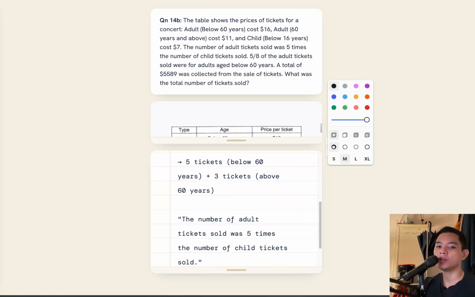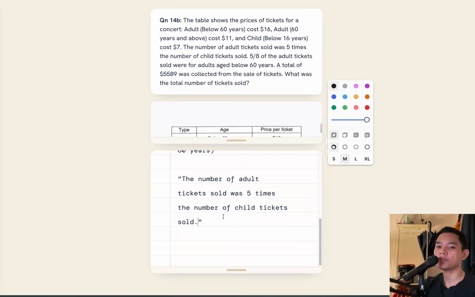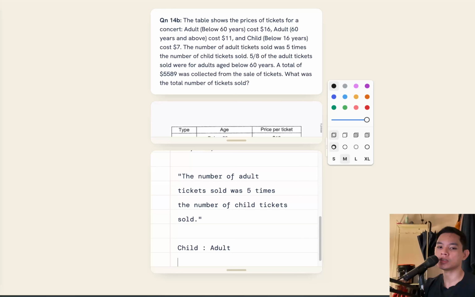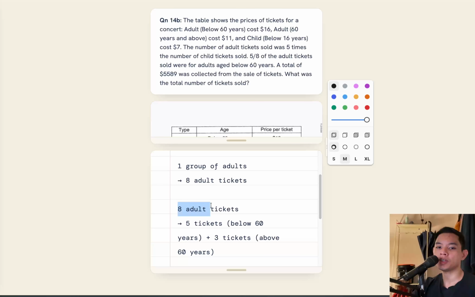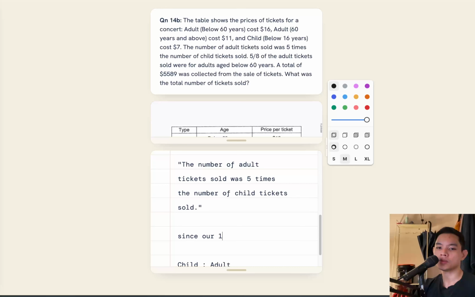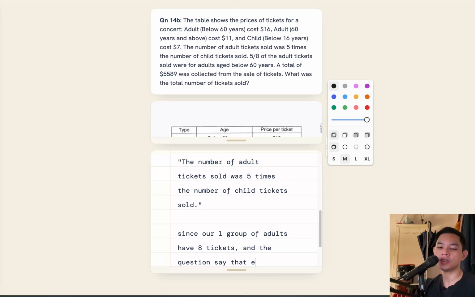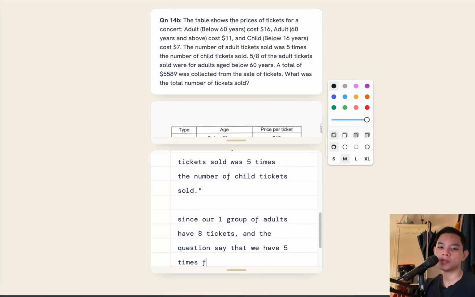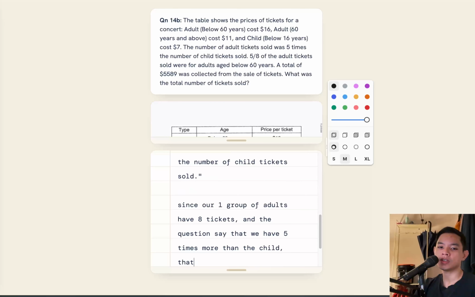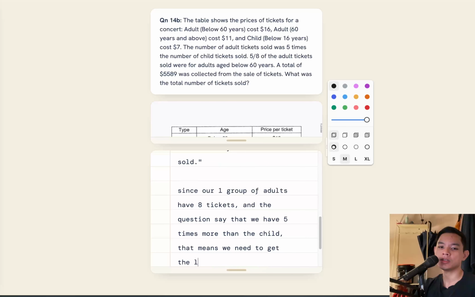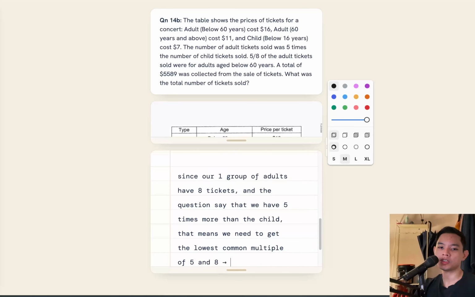Then the next part is the number of adult tickets sold was 5 times the number of child tickets sold. So the child to total adults is 1:5, and then we have 8, right? Since our one group of adults has 8 tickets, and the question says that we have 5 times more than the child, that means we need to get the lowest common multiple of 5 and 8, which in this case is 40.